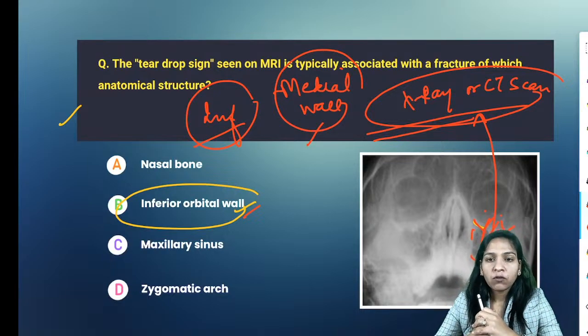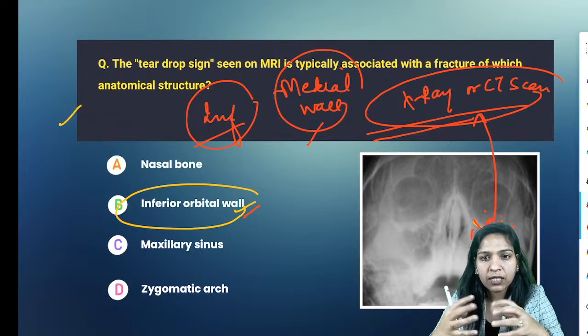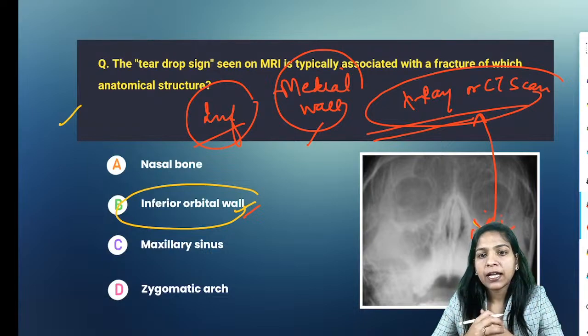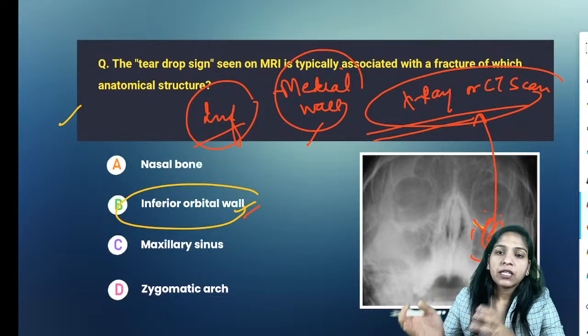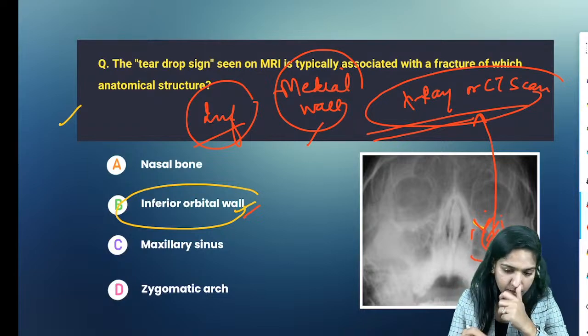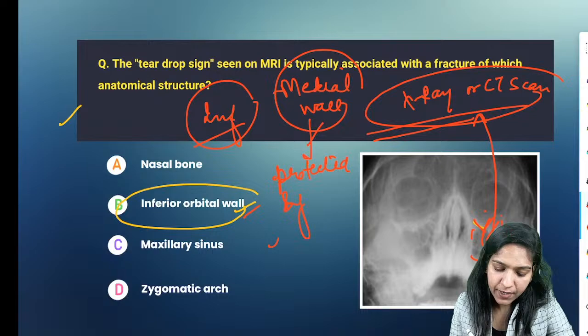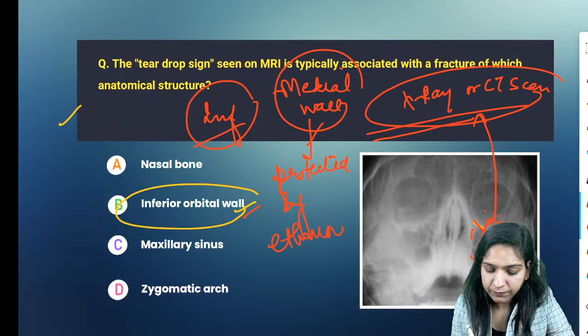Because the medial wall of the orbit is supported by the ethmoidal air cells, right? So it is cushioned by the ethmoidal air cells. That's why the next weakest wall is more prone to blunt trauma, right? It is protected or cushioned by the ethmoidal air cells.